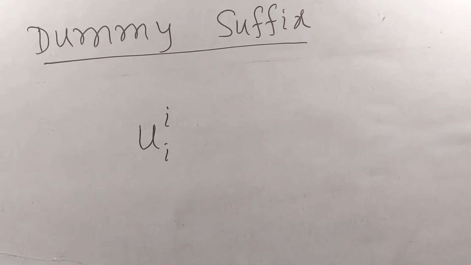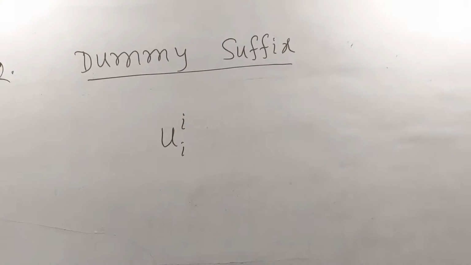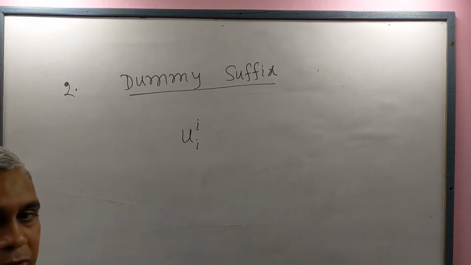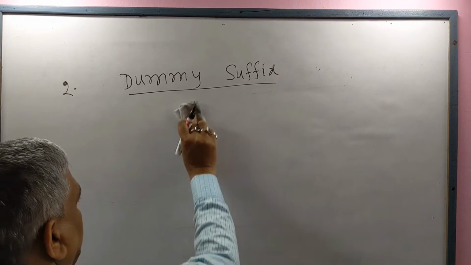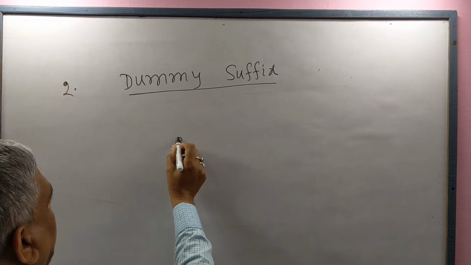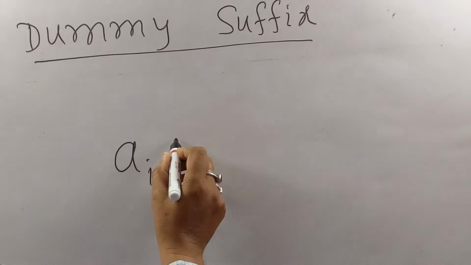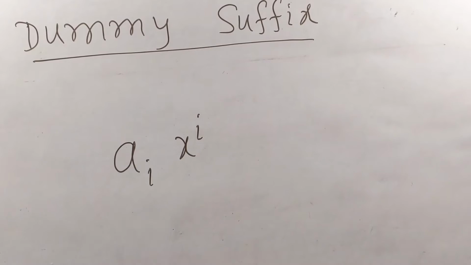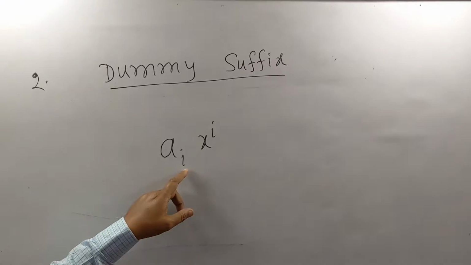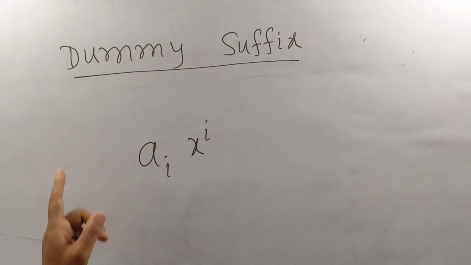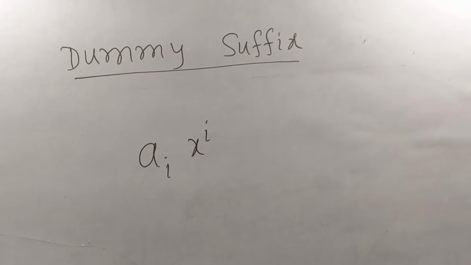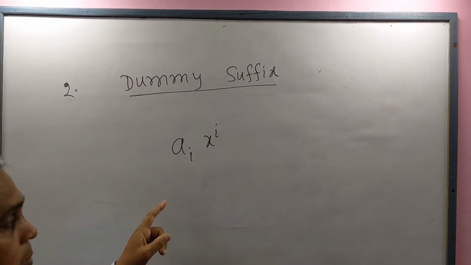That is, if a suffix is repeated in a term, it is called a dummy suffix. Another example, a_i x_i. Here, suffix i is repeated in this term, then the i is called a dummy suffix.